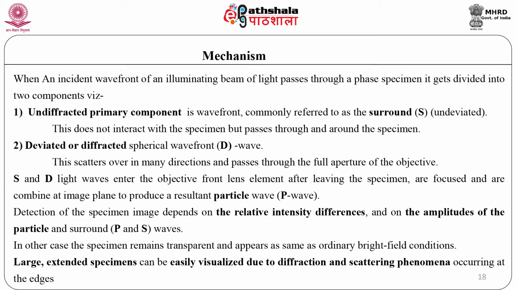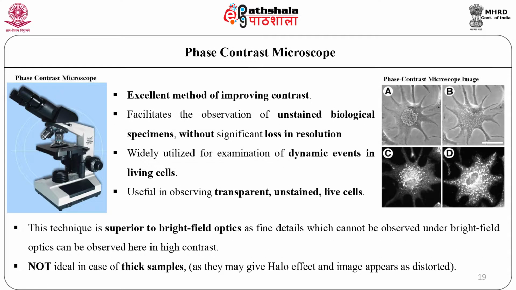In other cases, the specimen remains transparent and appears the same as under ordinary bright field conditions. It facilitates the observation of unstained biological specimens without significant loss in resolution. Due to this property, it is widely utilized for examination of dynamic events in living cells.